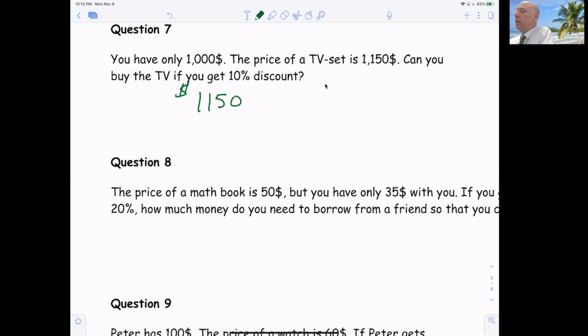But we want to know how much you have to pay. If you get a 10% discount, what percentage do you have to pay? Multiply that by 0.9.